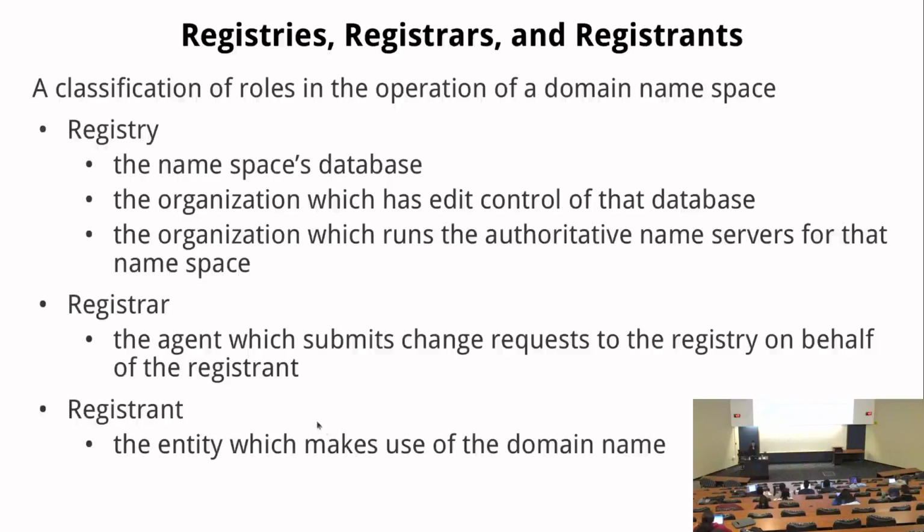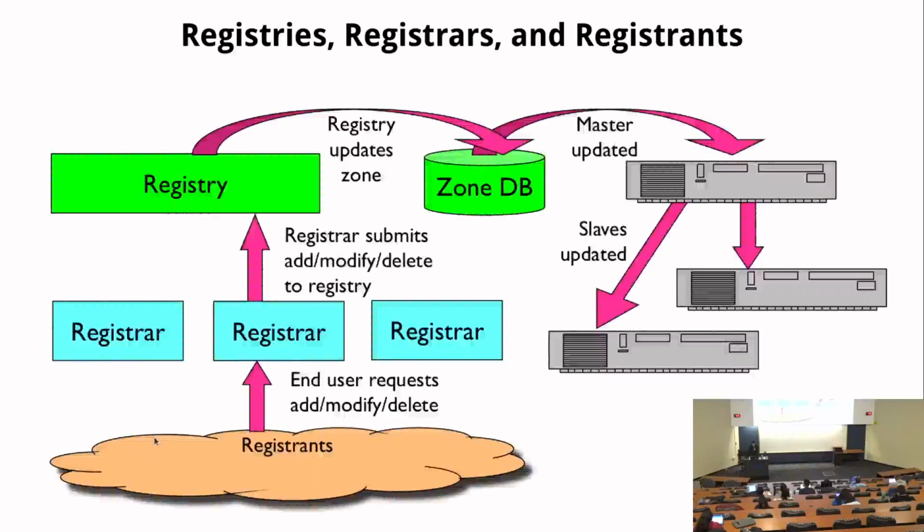A registrar is the agent which submits change requests to the registry on behalf of the registrant. The registrant is the entity which makes use of a domain name. So when you purchase a domain name from GoDaddy.com, then you are the registrant. You can buy a domain name from GoDaddy.com.